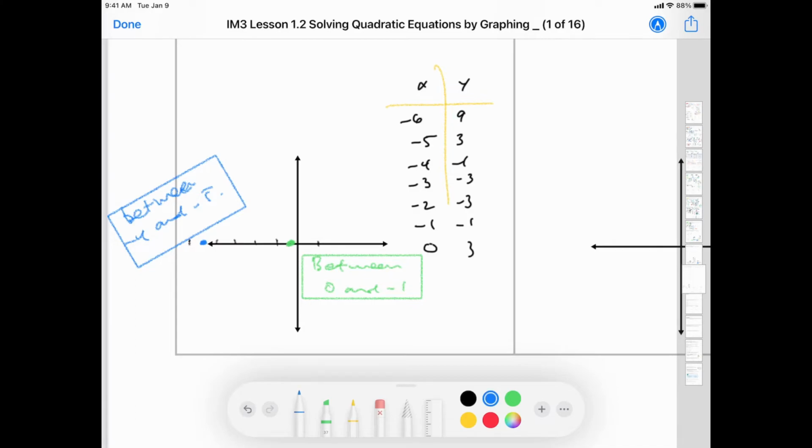And the blue is between -4 and -5. You'll see that in the y values, there's a change from a positive to a negative. There's 0, because something comma 0 is your x-intercept. Same thing between 0 and -1. On the y values, there's a change between the positive and negative, and 0 is going to be right there. And I think that's what our graph looks like.